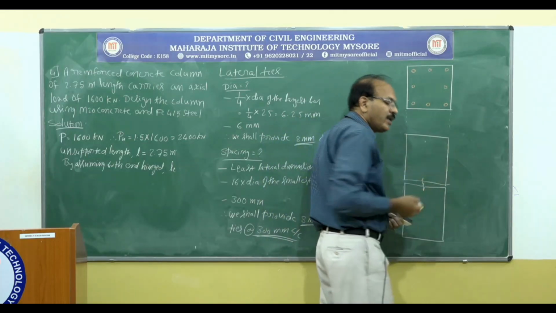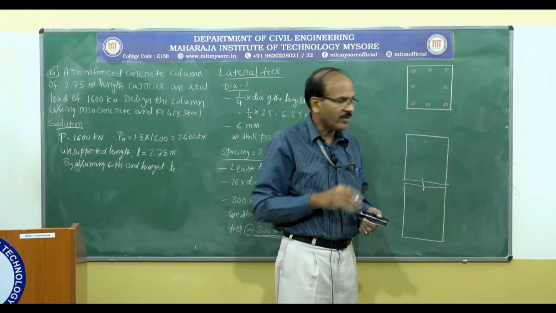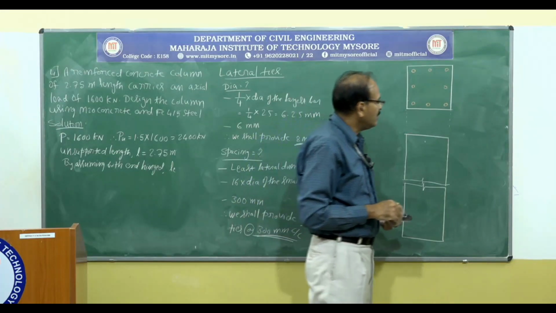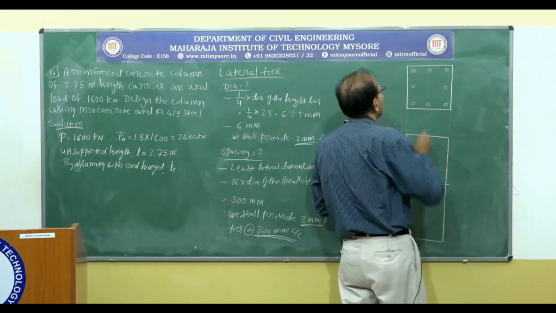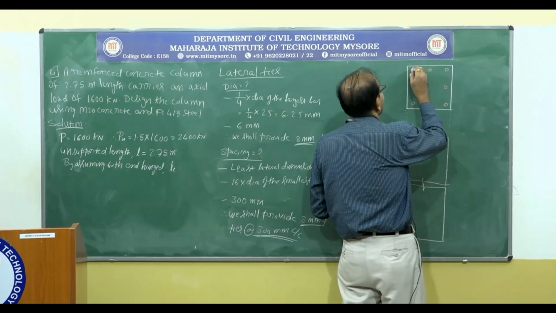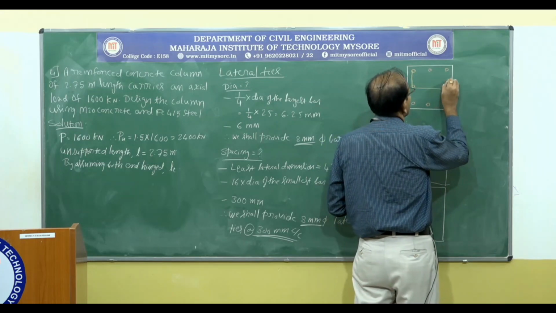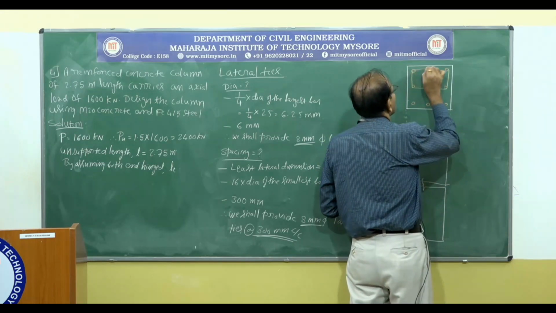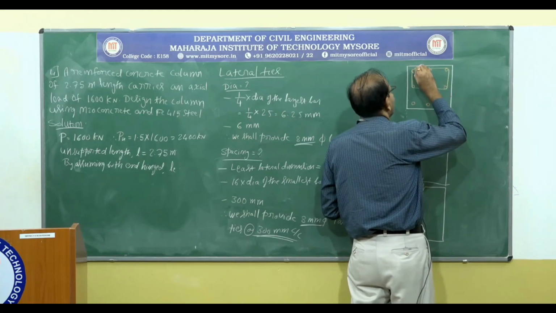So this is 425 millimeter by 425 millimeter. This is quite a big column. So when I provide lateral ties, I am going to provide lateral ties in different ways. So I am going to provide lateral ties like this. That is one ring.